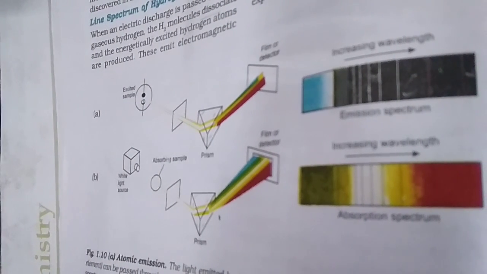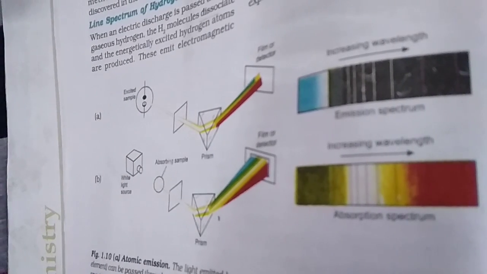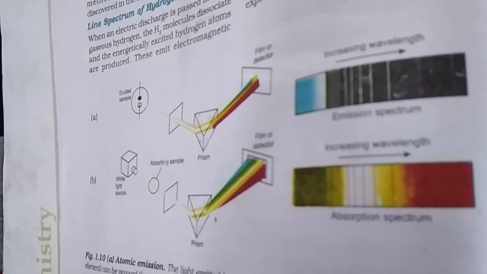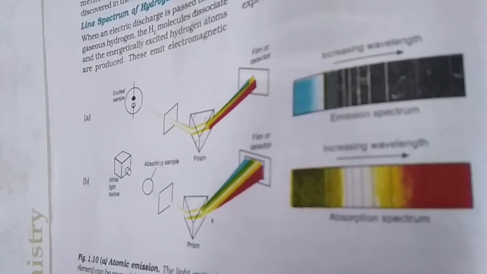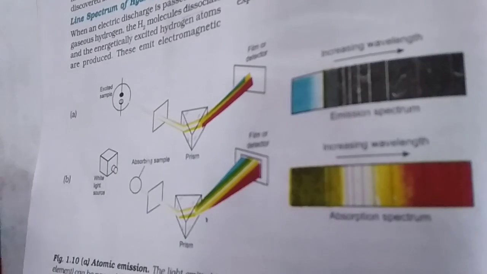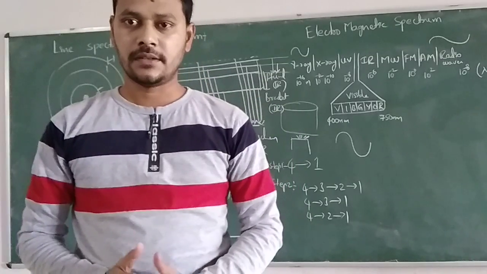See, the positions of the lines are the same in both emission and absorption spectra. That's why each element shows a characteristic line emission spectrum. By using that, we can easily identify unknown atoms in an unknown compound. This is the line spectra of the hydrogen atom.